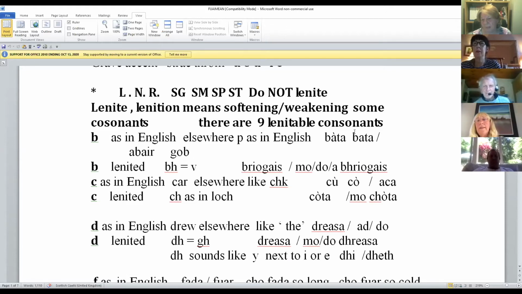There's a sound of an itch in between that T. Say your T like a th.